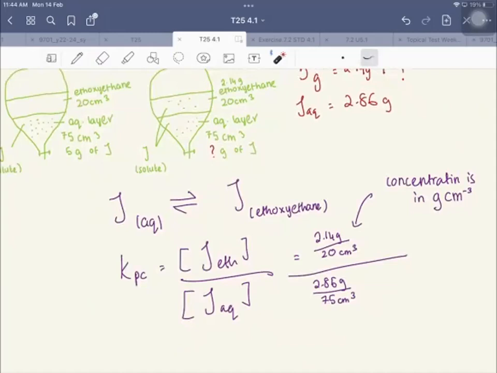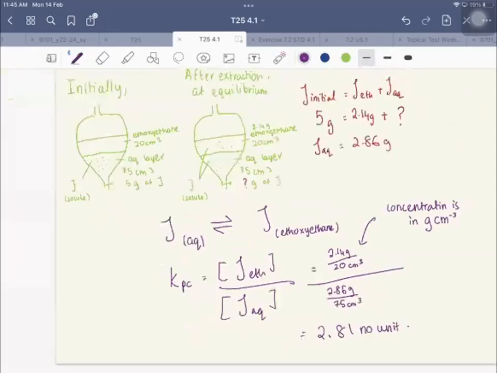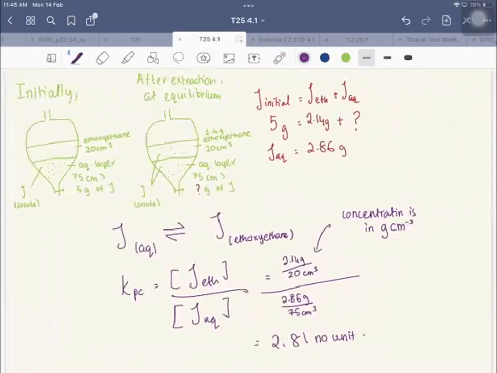2.81. 2.81. Okay, let me just check. Thank you, Alicia. Is that you? Yes, Miss. Thank you. Yes, my answer is also 2.81 and no units. Okay, so I will leave this slide on for 1 minute.